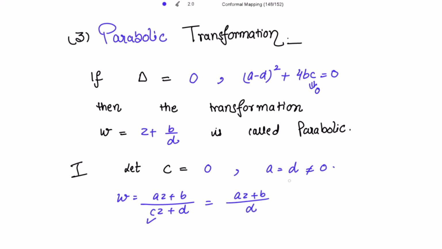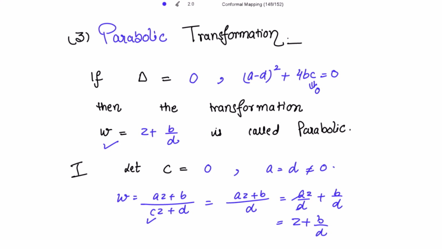And then putting a equal to d also, we get, if I split this, a over d times z plus b over d. And for a equal to d, it gets cancelled out. So this is z plus b over d. That is the parabolic transformation. So it reduces to the parabolic transformation.